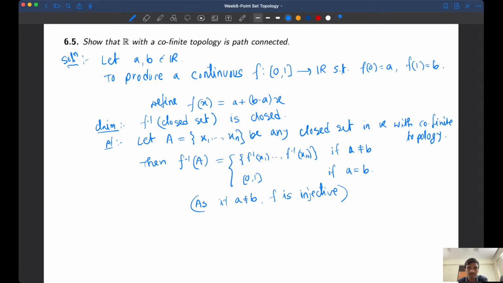In any case, this is a finite set inside your [0,1], so it is closed, right? Because I can take the open sets, so the complement of this thing will be a union of open sets here, right?